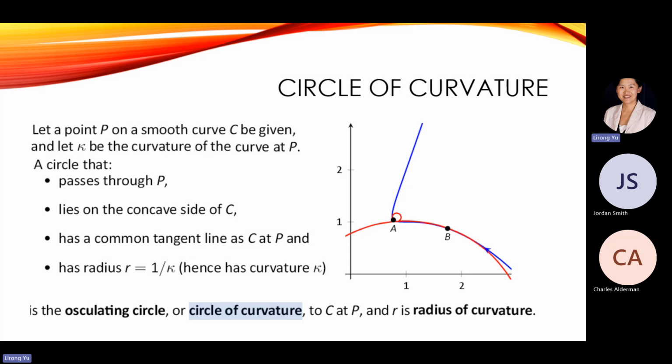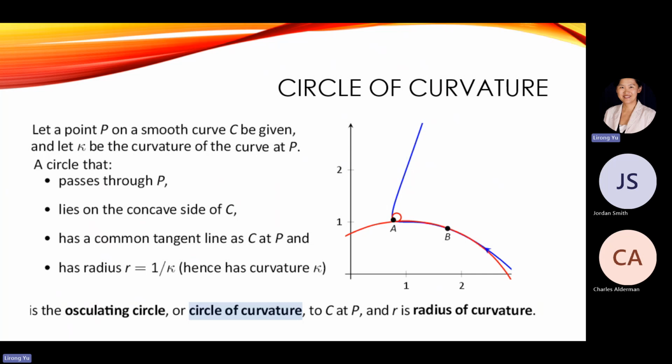Okay. So here the circle we're drawing has a name. It's called the circle of curvature, or osculating circle. Let me just call it the circle of curvature. And the radius is called the radius of curvature. So we can see from the previous page that r equals 1 over k, or k equals 1 over r.